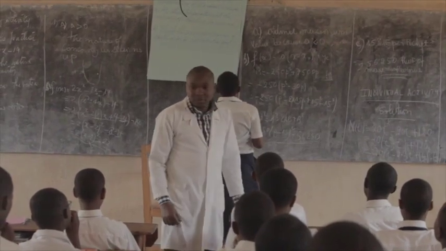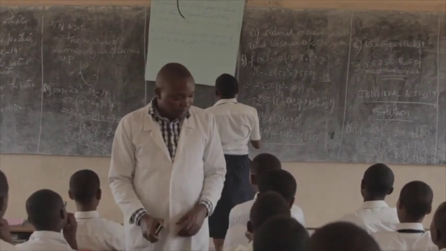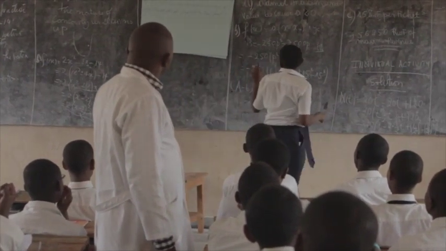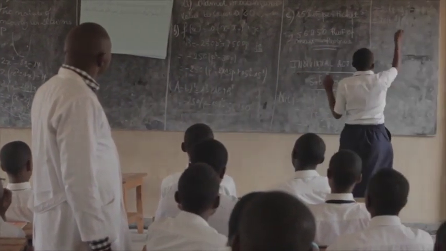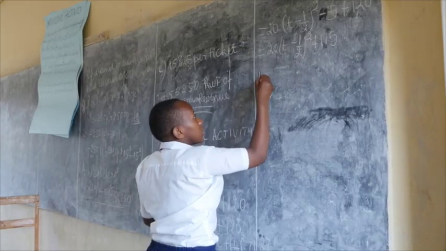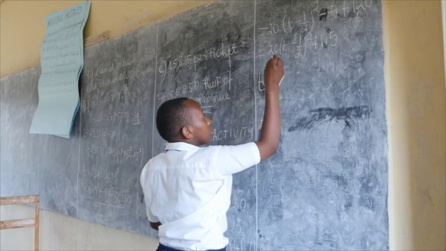And we asked you to find at what temperature the number of bacteria will be minimum. The temperature is equal to 1/2, which is 0.5 degrees Celsius. Please write in full.